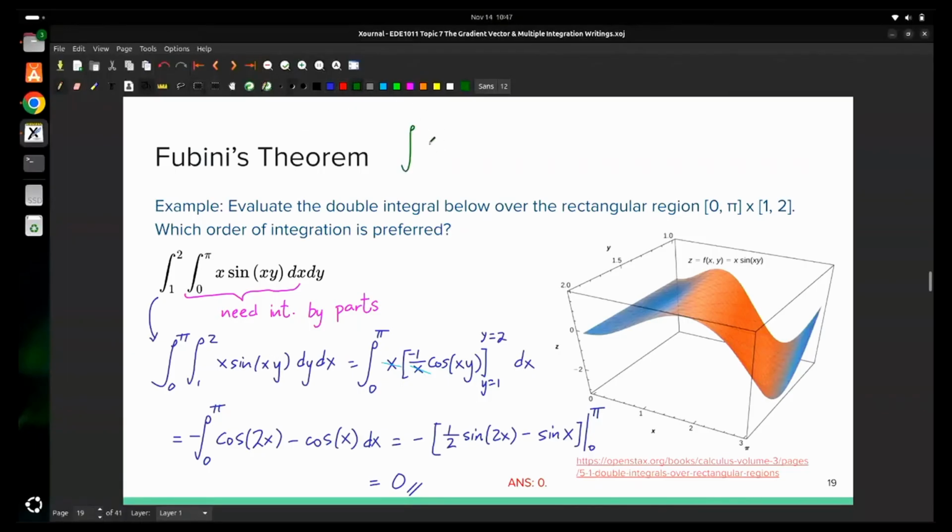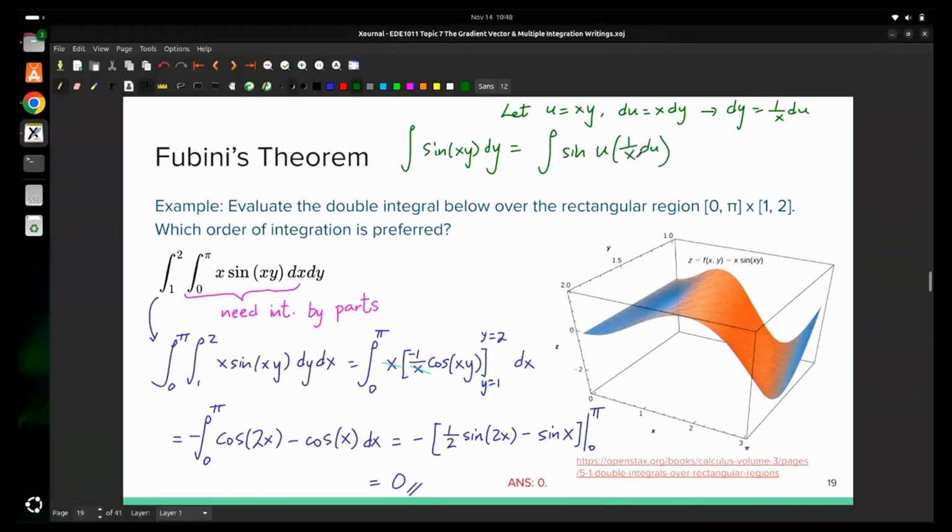If you integrate sine xy with respect to y, of course you can use substitution. Let u equal xy. Then du equals x dy, so dy equals 1 over x du. So this becomes the integral of sine u, then dy is 1 over x du.